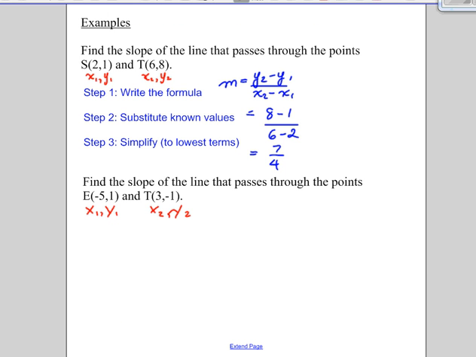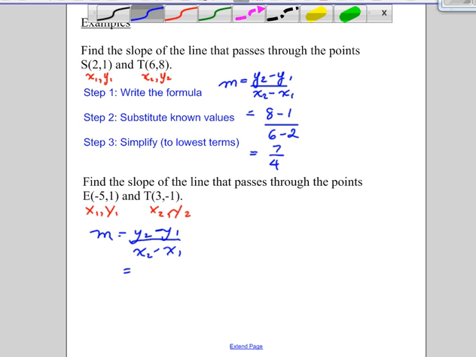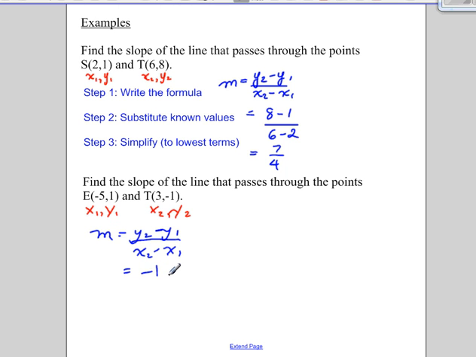So I'm going to write the formula that m is equal to y2 minus y1 over x2 minus x1, and I'm going to substitute in my values. So negative 1 minus 1 over 3 minus negative 5.